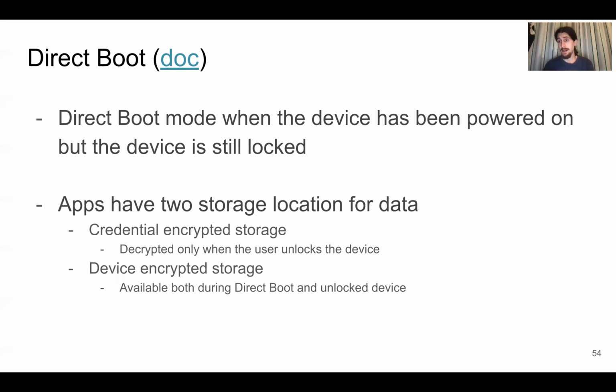This part is accessible to applications even before the user puts in the password. Once you put in the password, you're also able to decrypt the credential encrypted storage, and now the phone boots properly. Now it's up to the developer to decide: this part, for example the alarm clock, is not extremely sensitive, so I'm going to put it only in the device encrypted storage, but not in the credential encrypted storage, so that if the phone reboots, my application is going to have access to this alarm clock information, even if the user did not put the password in.